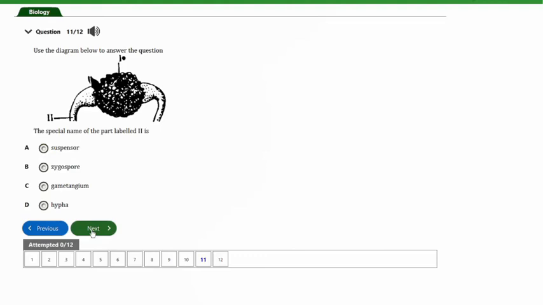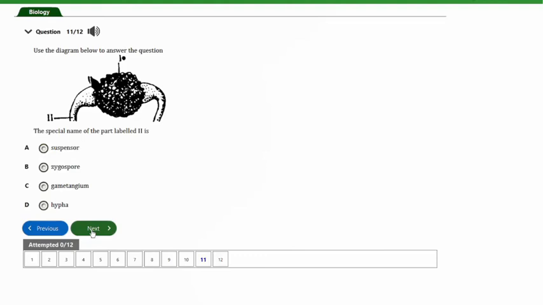The question says, the special name of the part labeled II is A. Suspensor, B. Zygospore, C. Gametangium, and D. Hypha. So guys, the answer to this question is option A, and that's the suspensor.